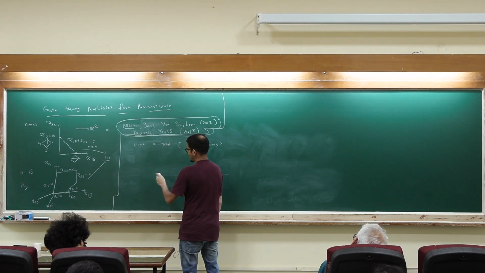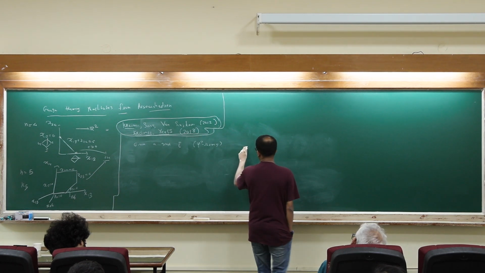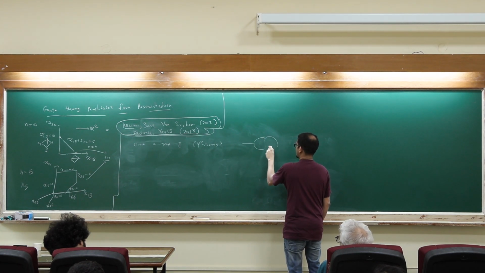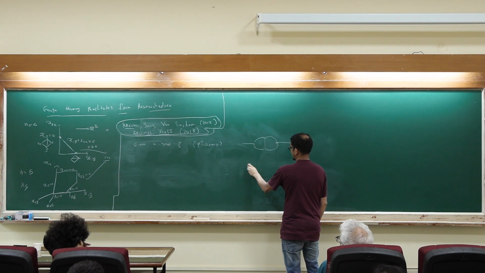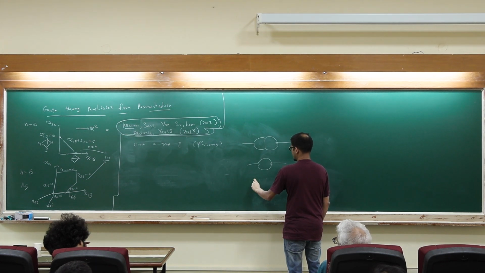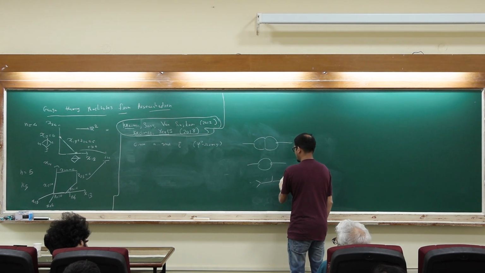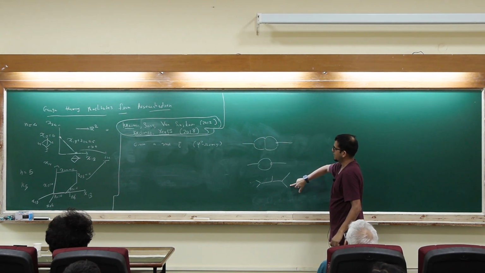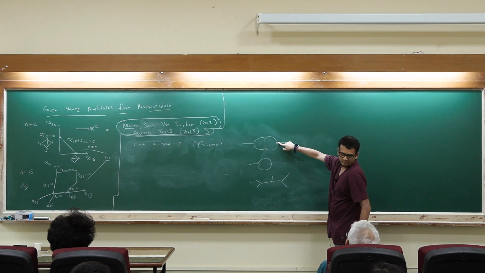So please ask if something is not clear. Gamma could be this, this, of course, our usual tree level. Gamma could be any of them. The only common property is that all the vertices are 3-valent.